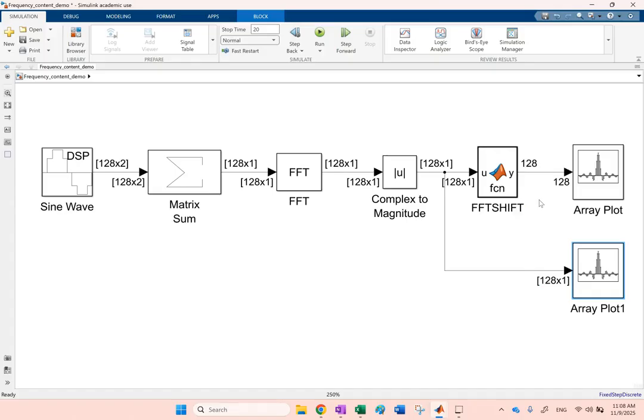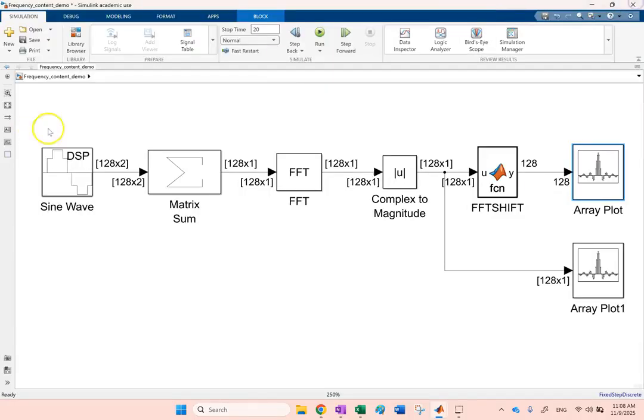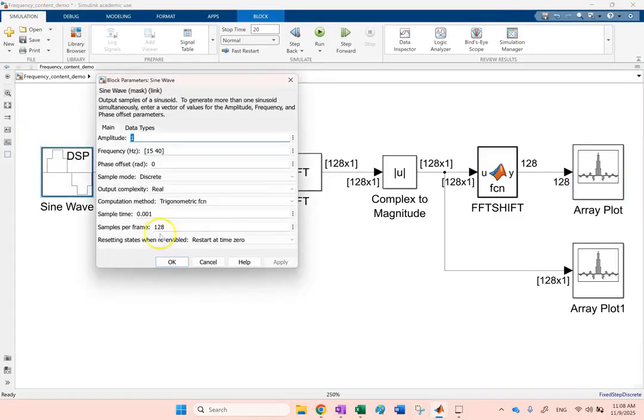Okay, so now that you have seen the frequency content and you find what kind of frequency exists, and from these magnitudes of 64, 65, if you compare that against 128, you could tell that the magnitude was really 1. Because if this magnitude becomes 2, what do you think will happen?